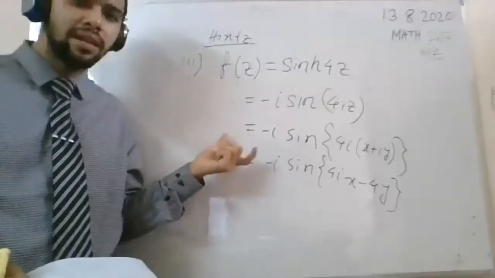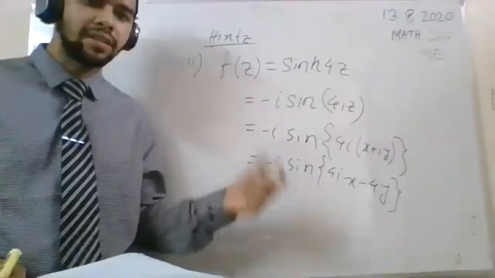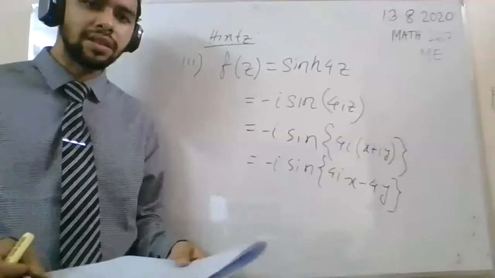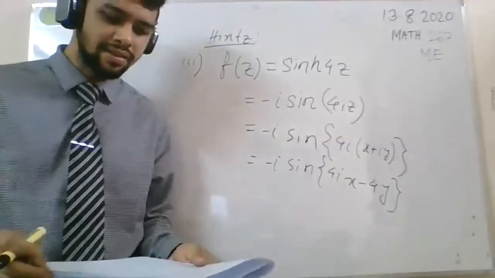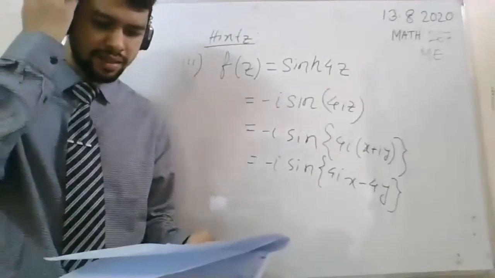Then you can get u and v, and after that just partially differentiate those with respect to x and y, and if it satisfies the Cauchy-Riemann equation, then your math is done.